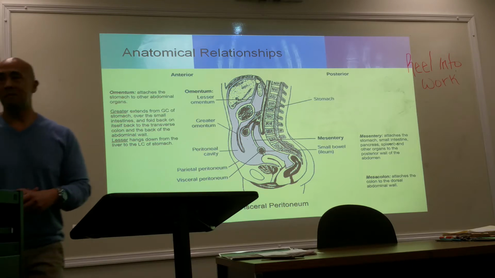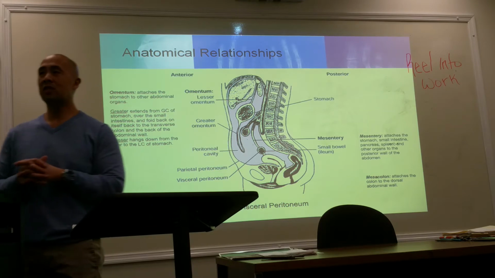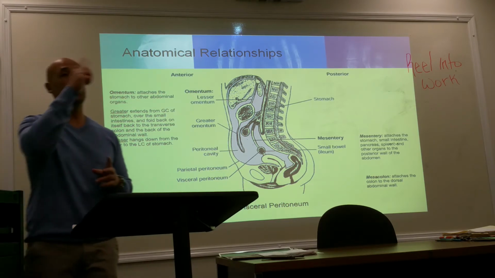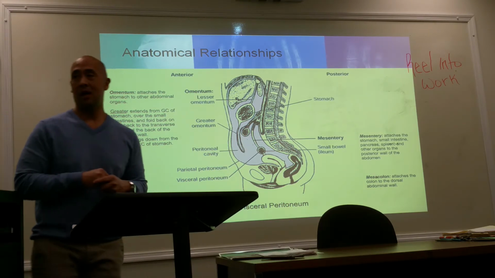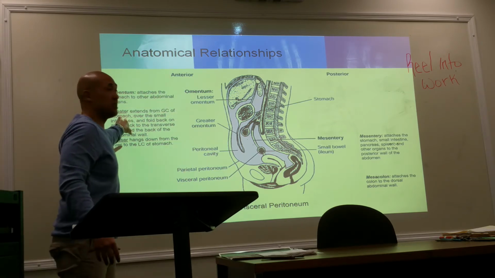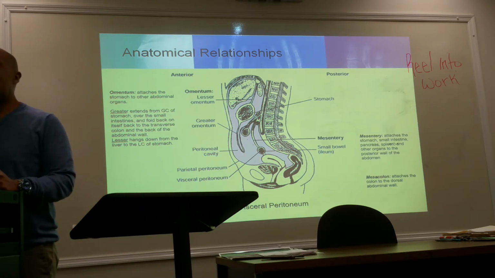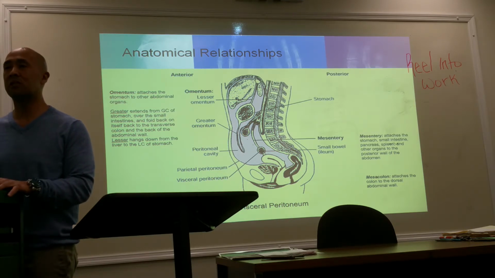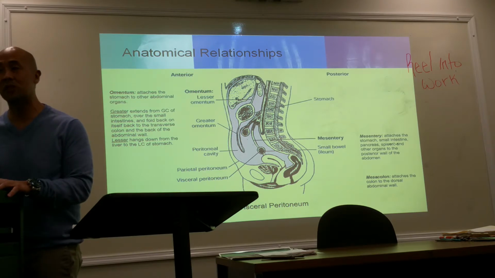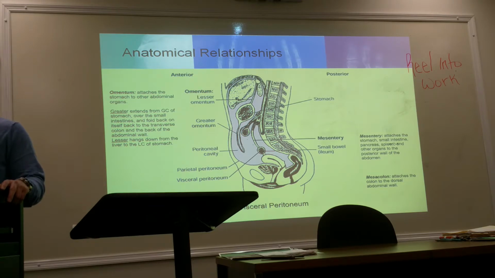The greater omentum extends from the greater curvature, that's GC, the greater curvature of the stomach. The stomach has two curves. Okay, it has an inside curve, it has an outside curve. The outside curve is the greater curvature. So the greater extends from the greater curvature of the stomach over the small intestines and folds back on itself, back to the transverse colon, and then back to the abdominal wall.